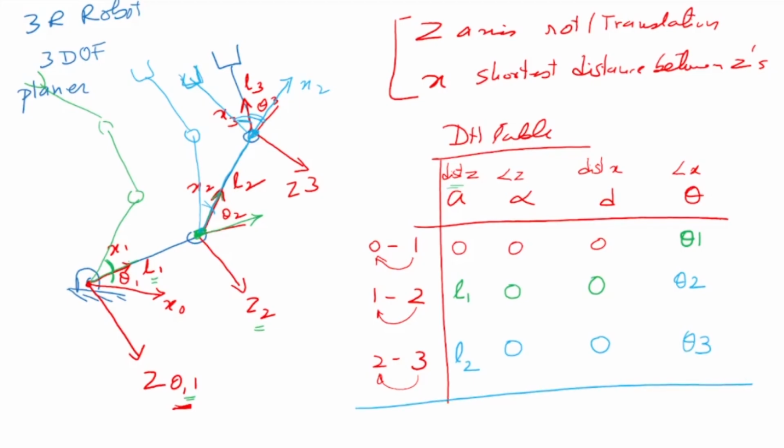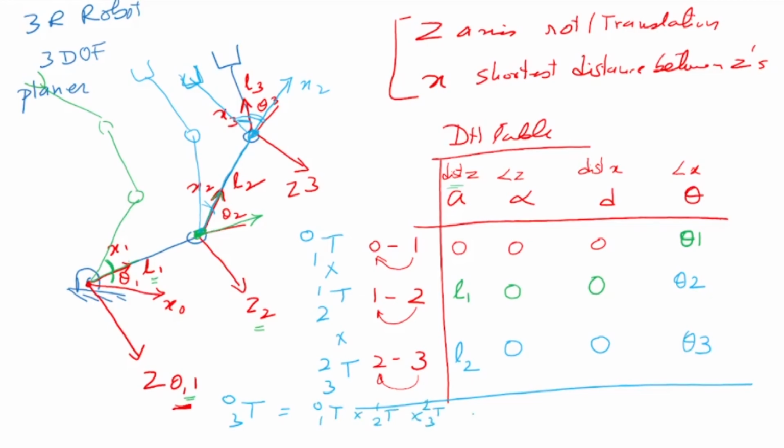Now the function of the DH parameter table is that I need to make my transformation matrices T0 to 1, T1 to 2, and T2 to 3. Then I'll multiply these out and I'll get T0 to 3 equal to T0 to 1 times T1 to 2 times T2 to 3.